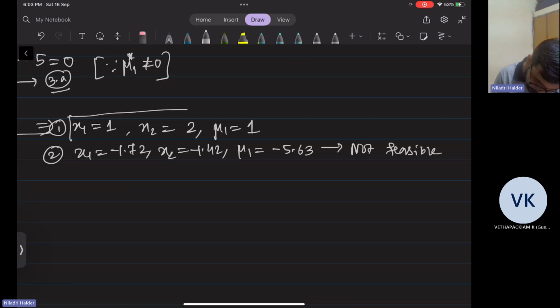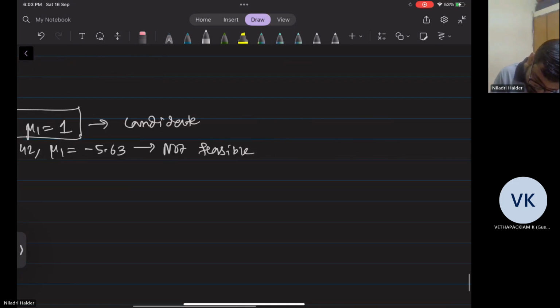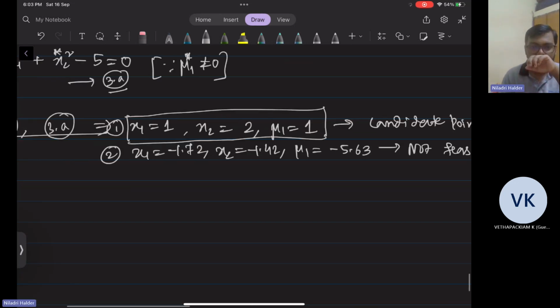But this first solution is fine. So this is the feasible solution. So this is the candidate point for local minimum.